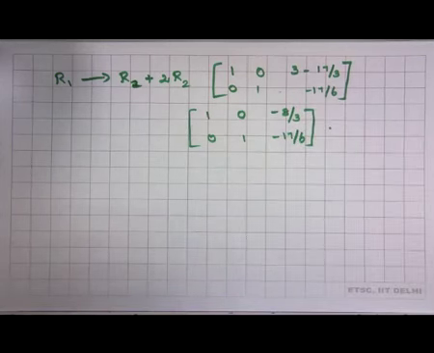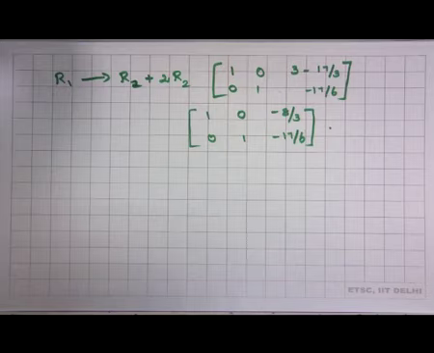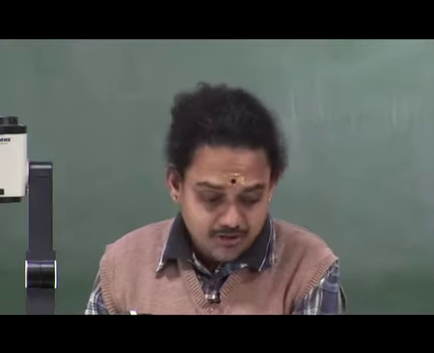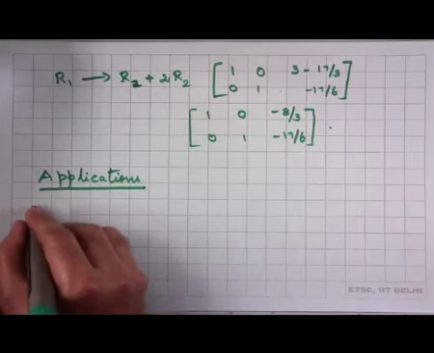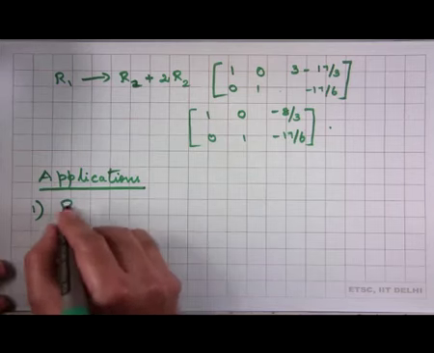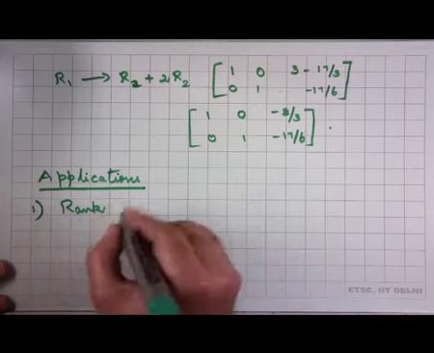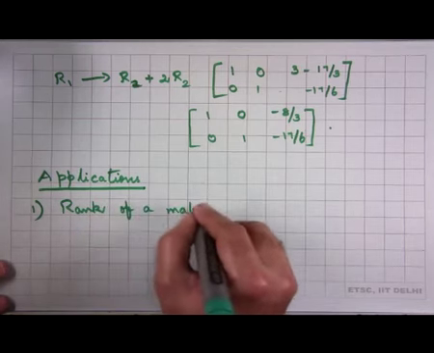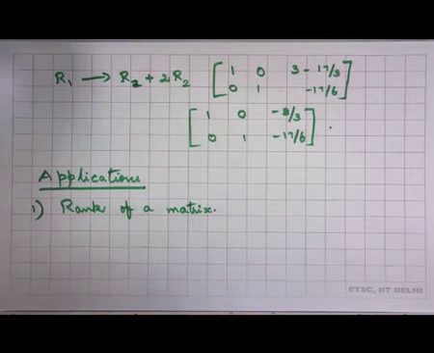Fine. Having said how to compute the row reduced echelon matrix, let us look at some of its applications. The first application is in finding what is known as the rank of a matrix. How does one define the rank of a matrix?